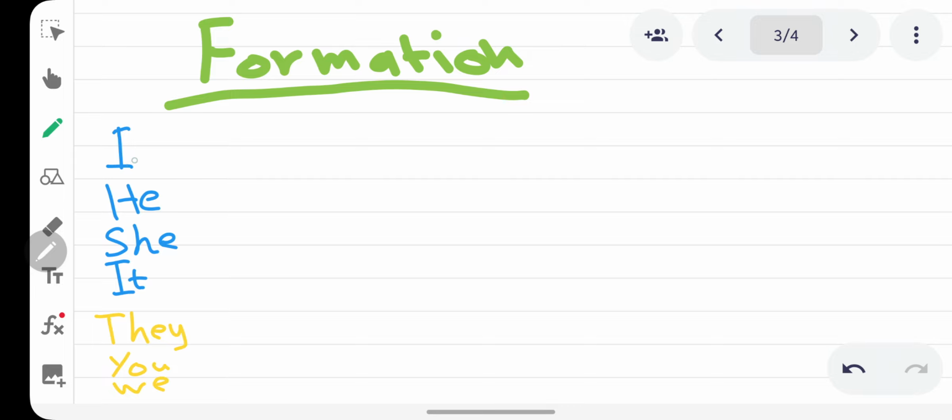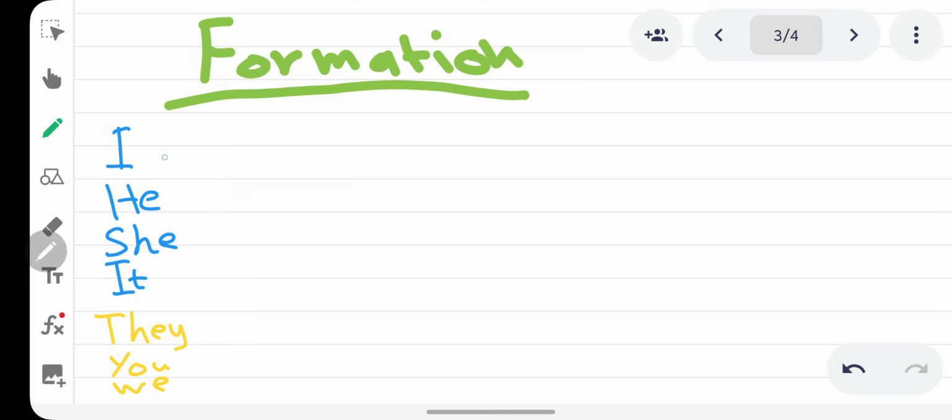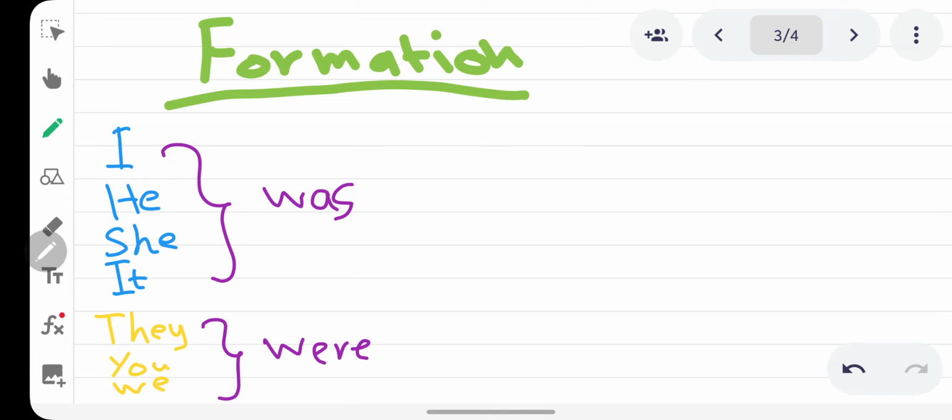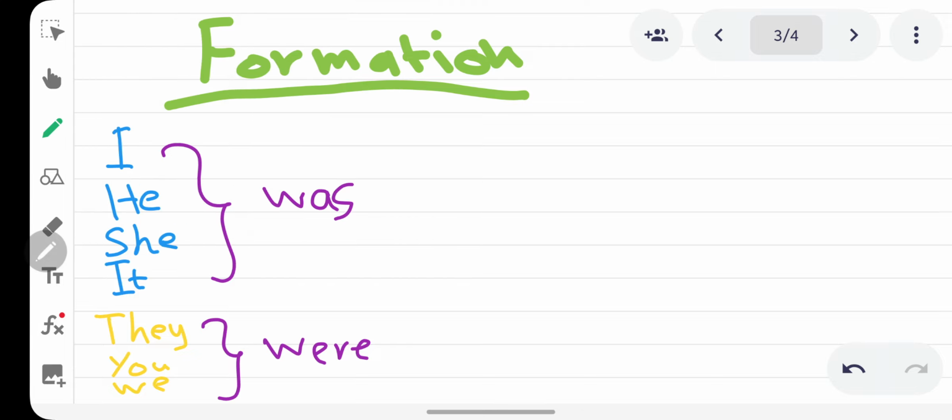Now what is after I, he, she, and it? After that we need the auxiliary verb, which is was. Then after they, you, and we we need were.